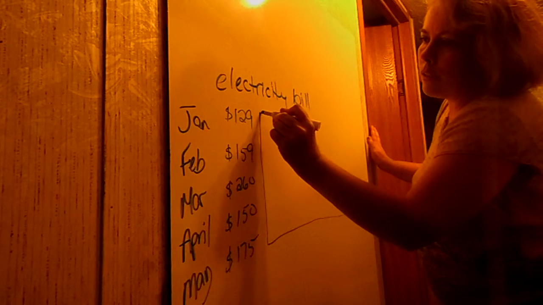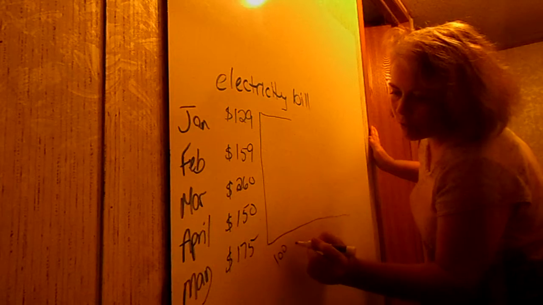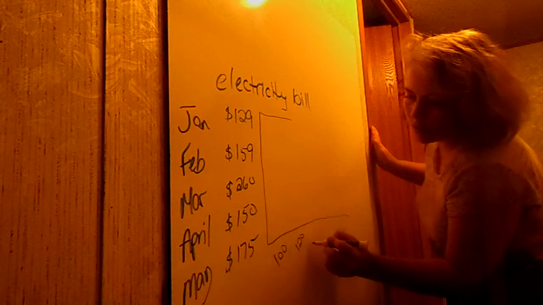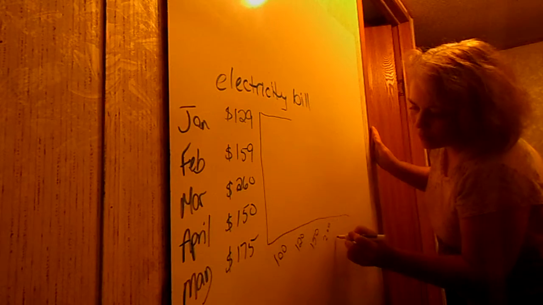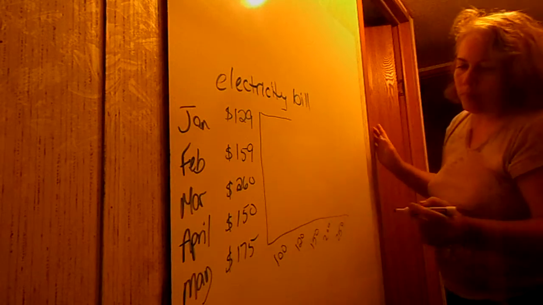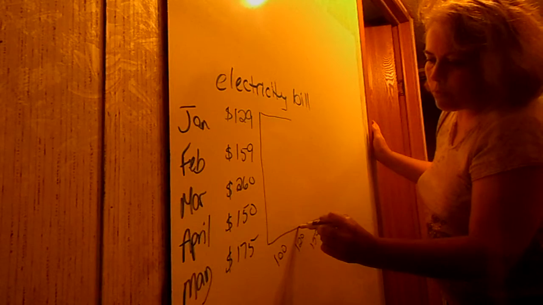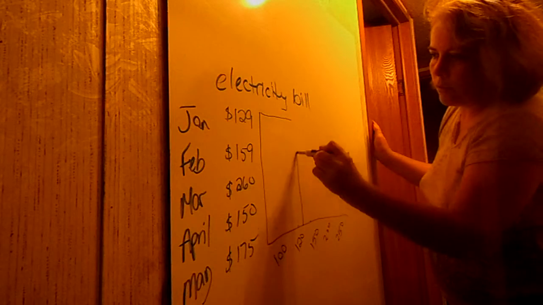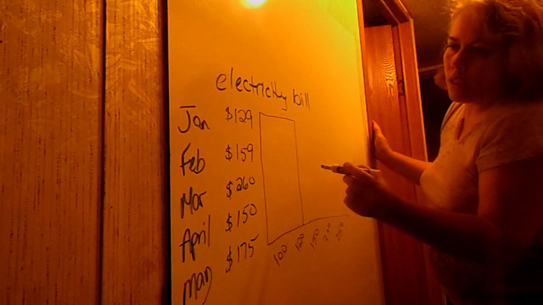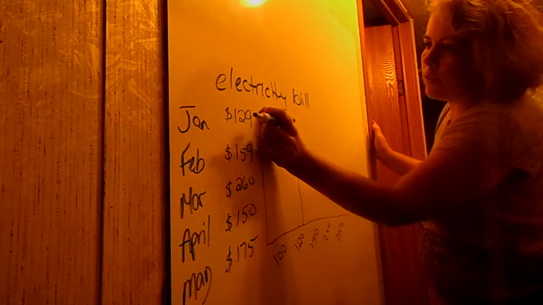In January is $129, so 100, 120, 150, 200, 250. So you go to 129, so it's right here. So you put a mark there.